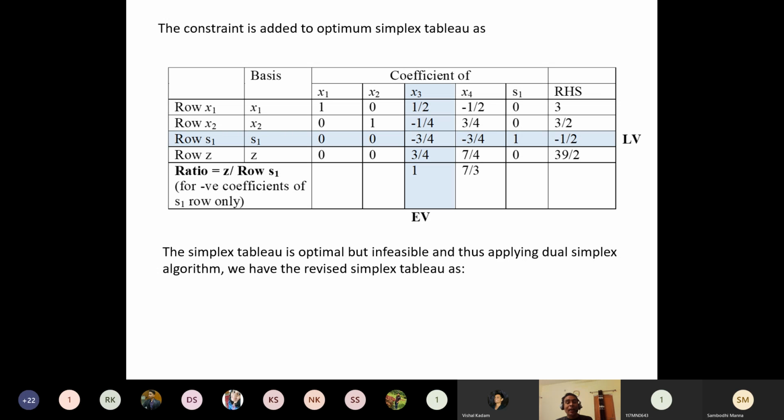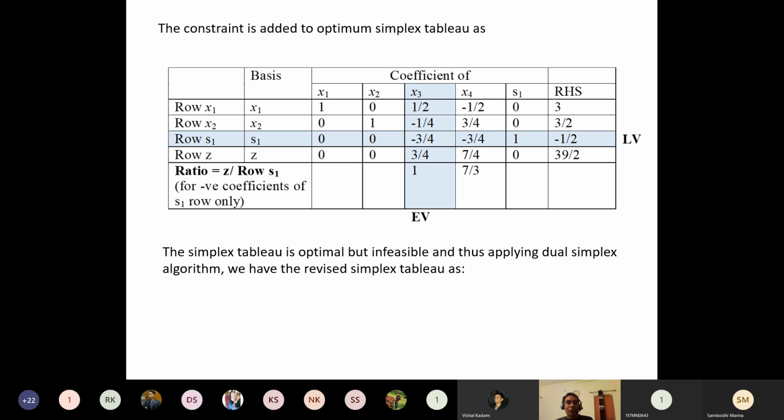In a similar process, the new pivot row is equal to the old pivot row divided by the pivot coefficient, which is minus 3 by 4. So this is 0, 0, 1, 1, minus 4 by 3, and 2 by 3. All other rows are equal to the old row minus the pivot column coefficient into the new pivot row.